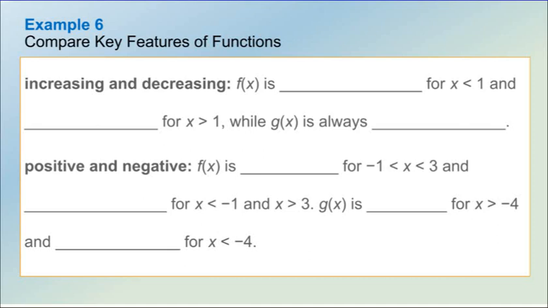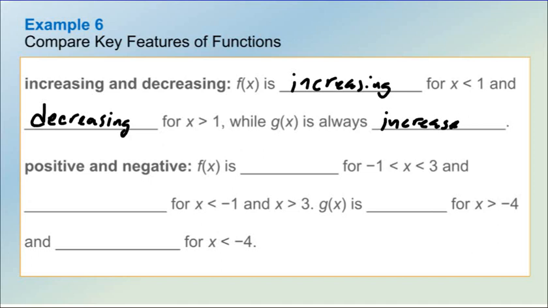Increasing and decreasing. f of x is increasing for x less than 1, and it's decreasing when x is greater than 1, while g of x is always increasing from left to right.